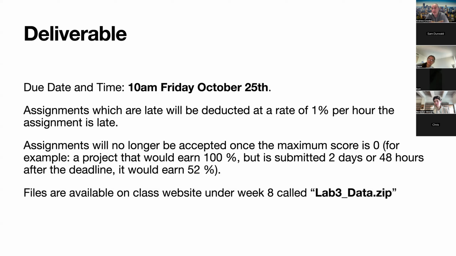And also, we're going to finish class a little bit early today, so you can spend time doing it now. And if you have any questions, you can ask me on this. Like normal, assignments that are late will be deducted 1 point for every hour it's late. The data itself, you can either download it from the class website, that should be week 7, not week 8, I apologize.